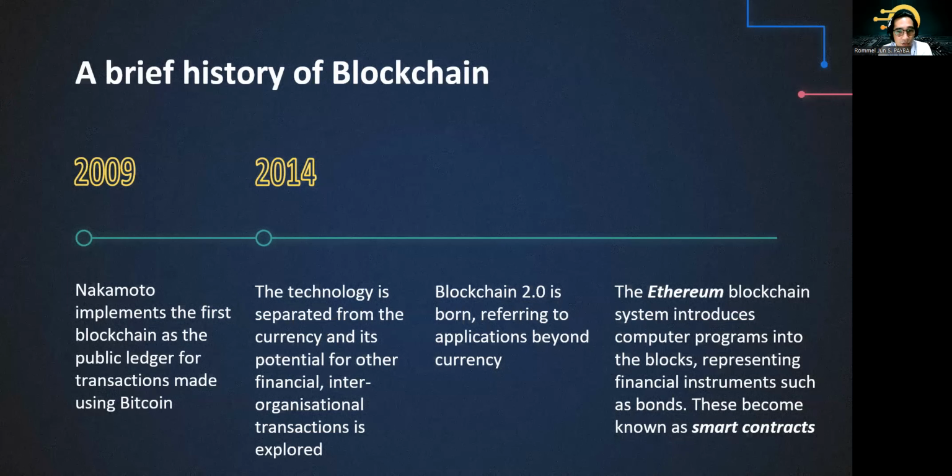And this also gave birth to Ethereum, a different blockchain which introduces computer programming into blocks representing financial instruments such as bonds, and these become known as smart contracts. So take note of these terms, the blockchain and a smart contract.